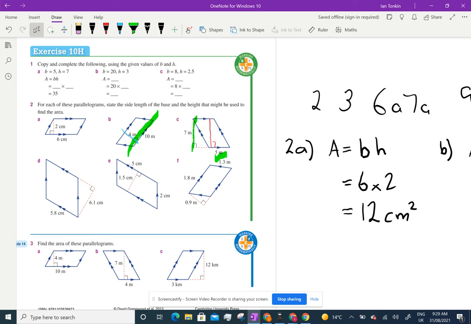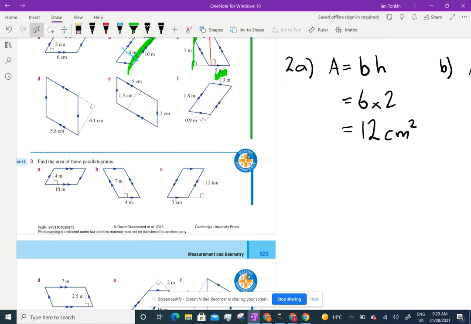I'm going to F, because F's a little bit tricky. Now, in F, and this is where you've got to be smart, they've given us 3 measures. All right? You only need 2. And the question is, can you choose the right 2? Now remember, the perpendicular height must touch the base.